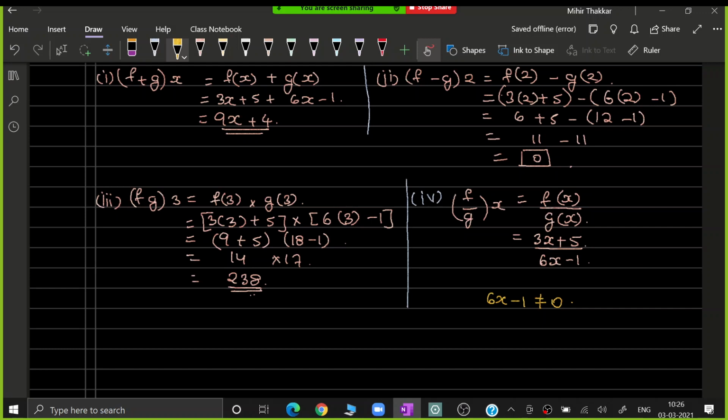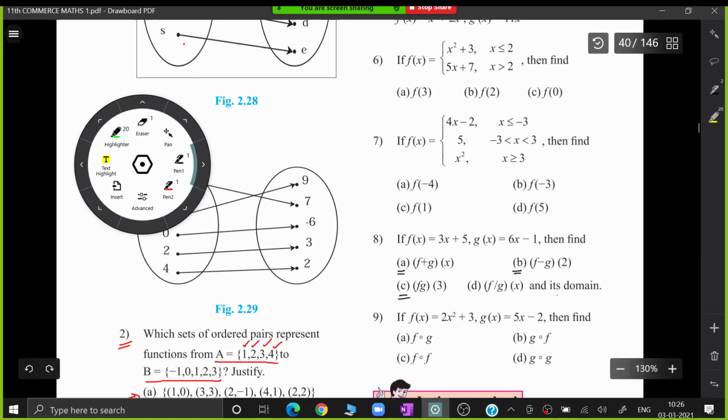Therefore, I have to tell the examiner that 6x minus 1, that is the denominator, should not be 0. So from here, I can say that 6x is not equal to 1. Therefore, x is not equal to 1 upon 6. This should be your answer because in the question, he's asking us for its domain.